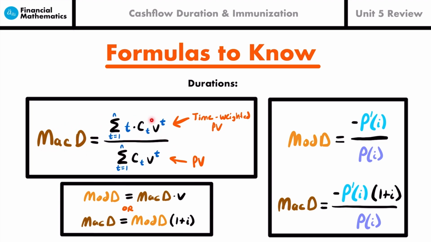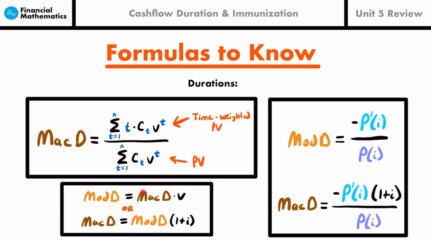Now, from this calculation, you could also find a modified duration, because a modified duration is actually equal to a Macaulay duration brought back one period. You would multiply the Macaulay duration by a present value factor using the appropriate interest rate, and that would give you the modified duration.